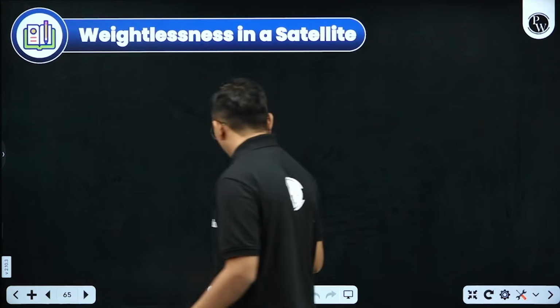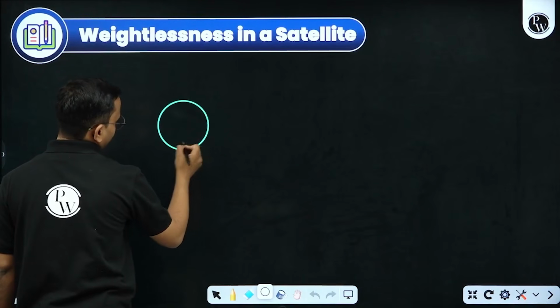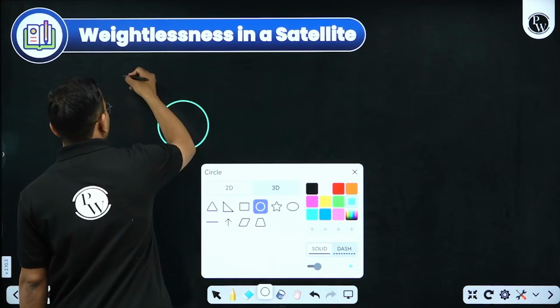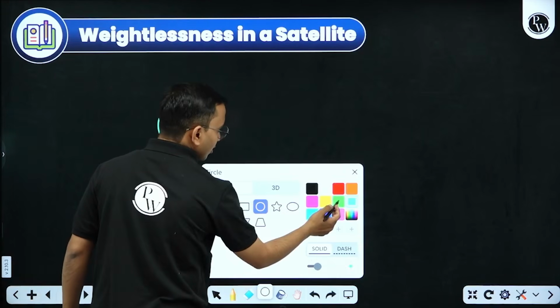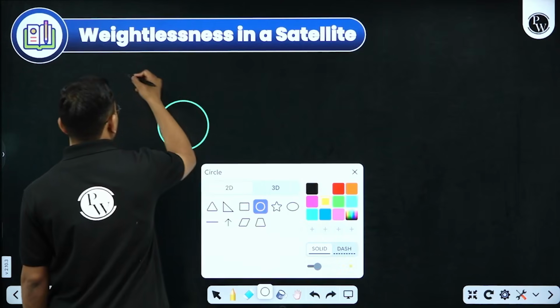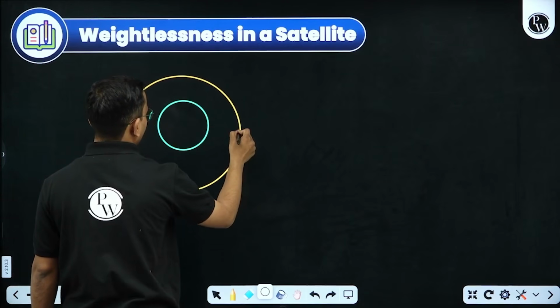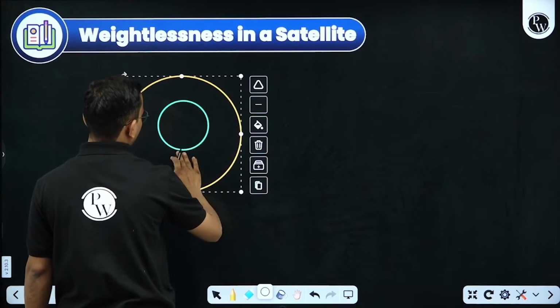But if we want to prove that mathematically, we can write. Let us take this as the planet, and let us take a different color, and the satellite is moving in a circular orbit around this planet.